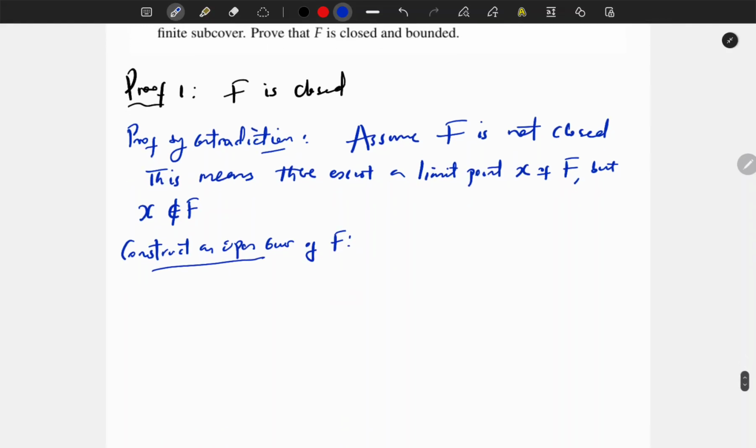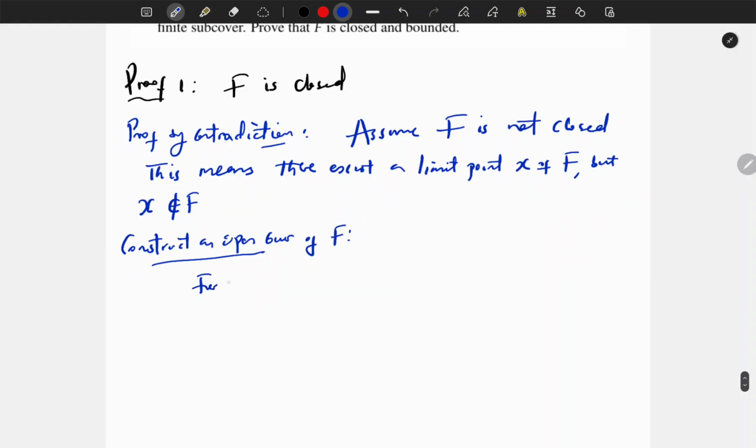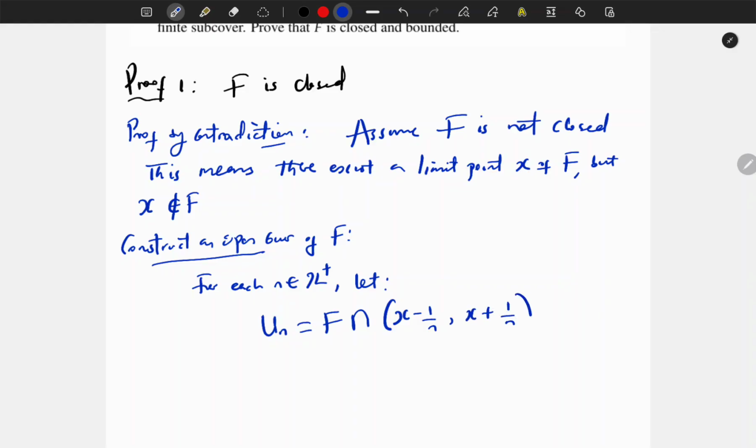For each positive integer n, let Un equal F intersection the open ball, or you can also write it in this form, the interval (x minus 1 over n, x plus 1 over n).